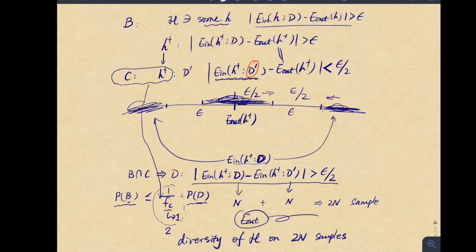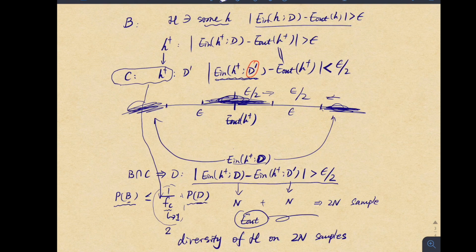We consider the difference in these two data samples, and we can limit the diversity of our hypothesis set on a finite number of samples, as long as the diversity of our hypothesis set does not grow as much as the number of samples in these two datasets.